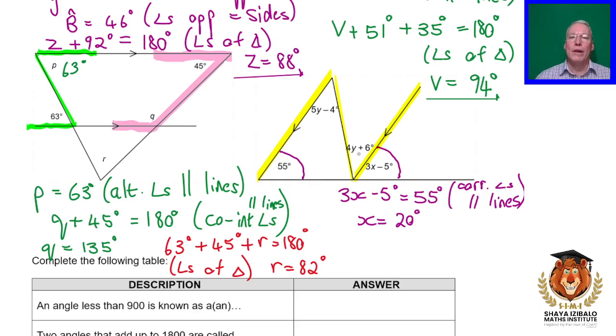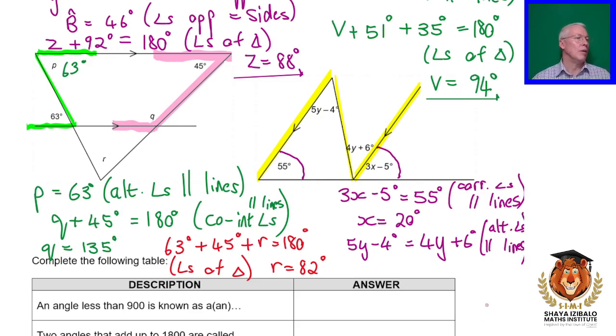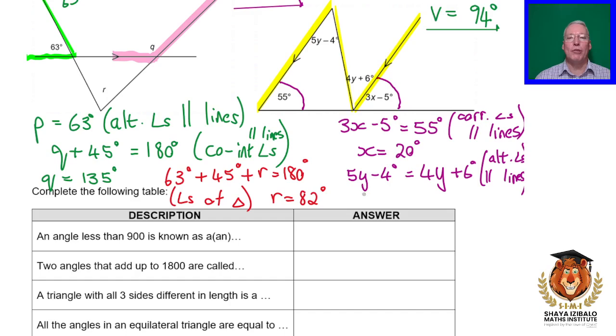So we know that 5y minus 4 is actually the same as 4y plus 6. And the reason is alt angles, parallel lines. Don't forget to mention parallel lines. Okay? So now if we subtract 4y from both sides, we'll be left with 1y here. Minus 4 equals 6. If we add 4 to both sides, we get y equals 10 degrees.